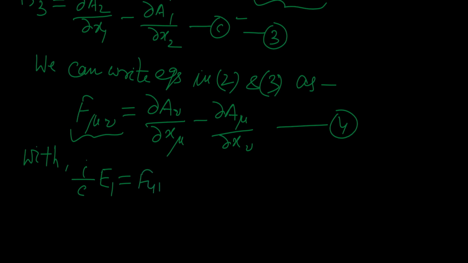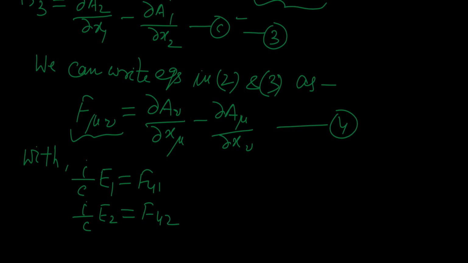It means when you put mu equal to 4 and nu equal to 1, you will get i over c E1, as you may see in the above equation. Again, i over c E2 will be F42. You may verify it.